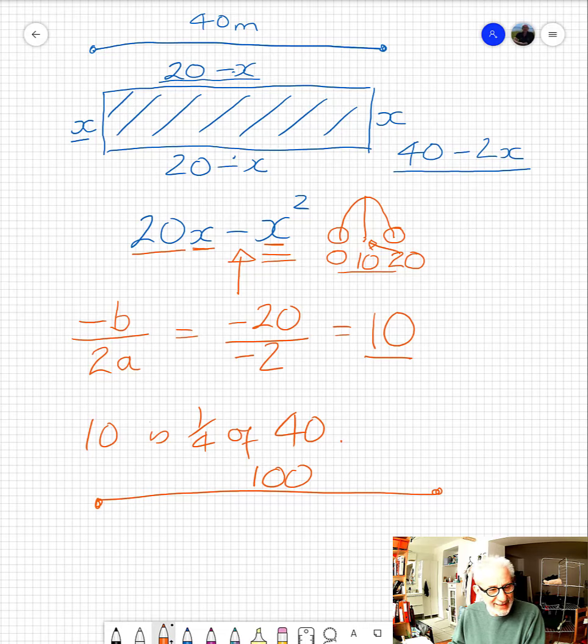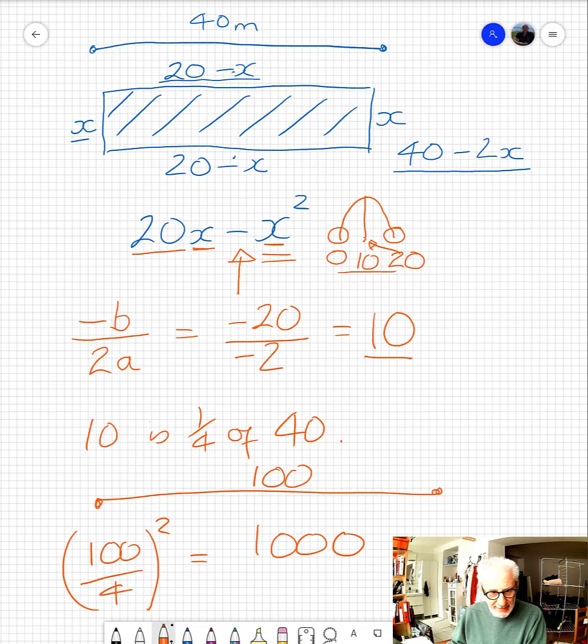We know that the maximum area is going to be 40 divided by 4 and then squared, which in this case is going to give us 100, which we can work out on our calculators.